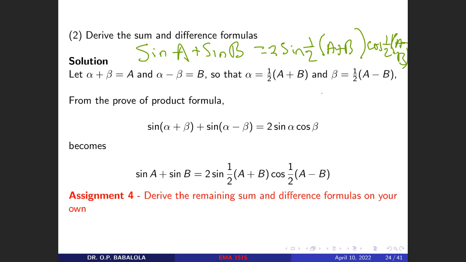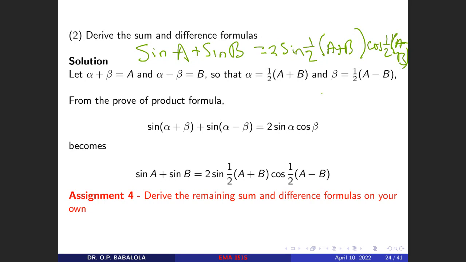To derive this, first assume alpha plus beta equals A. Remember, we have A and B represented here. So let A be equal to alpha plus beta and B be equal to alpha minus beta. Why are we making this assumption?